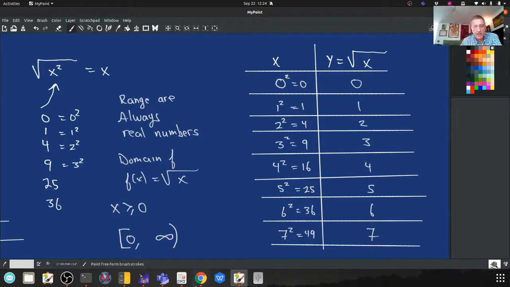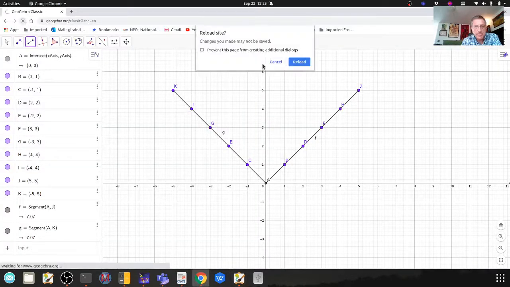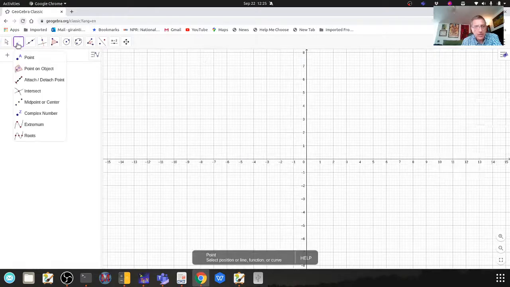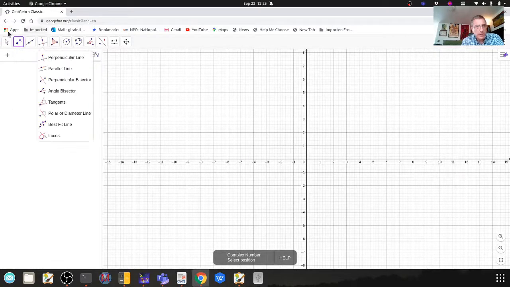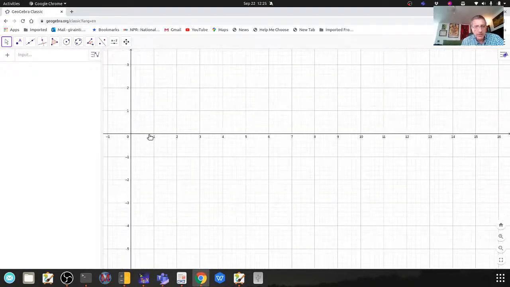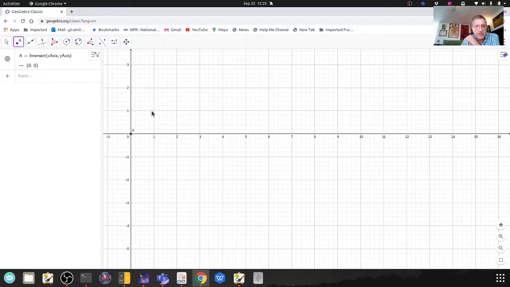So let's see what that graph looks like. Since my domain is positive, I'm going to move this all the way over here, and we'll go up to 16. So my first one is 0, 0. My second is 1, 1. My third point is 4, 2.